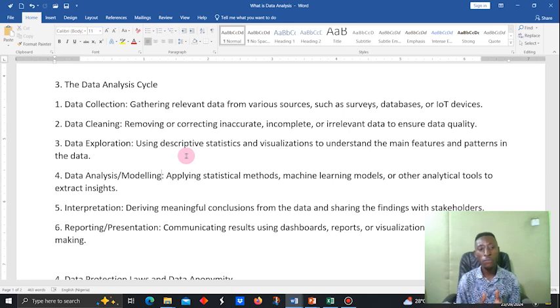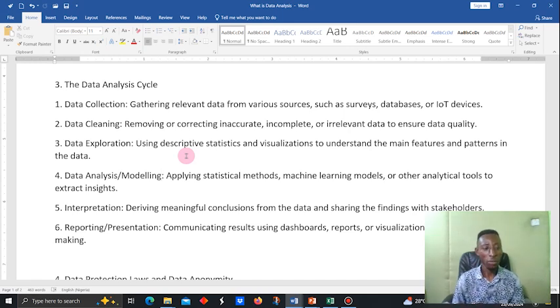First, you remove or correct inaccurate, incomplete, or irrelevant data to ensure that the data quality is optimal. Thirdly, data exploration. You use descriptive statistics and visualization to understand the main features and patterns in this data.